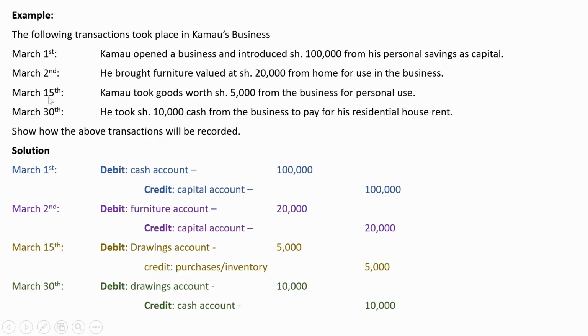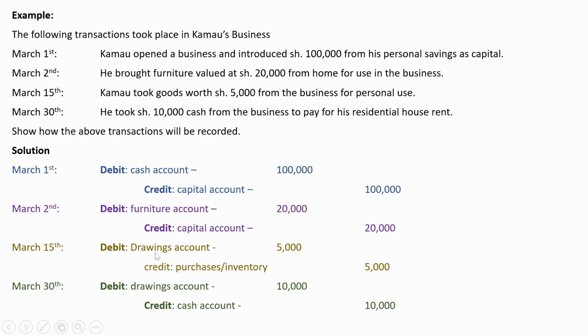We go to March 15th. Kamau took goods worth 5,000 from the business for personal use. So this is drawings, and it is drawings in form of goods. So the goods have reduced and the drawings have increased. So March 15th, we debit drawings account with 5,000.